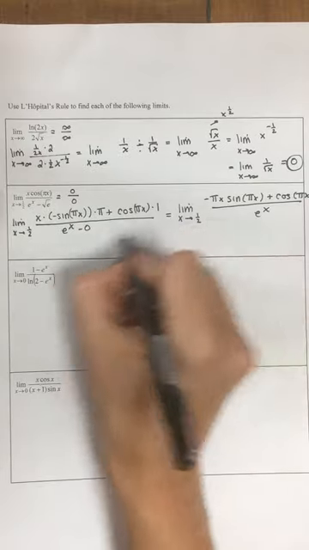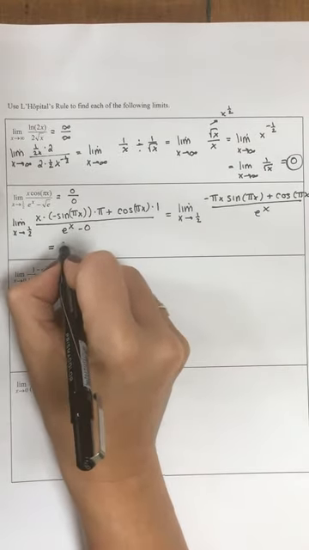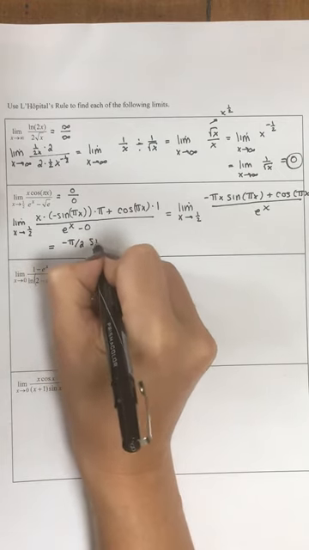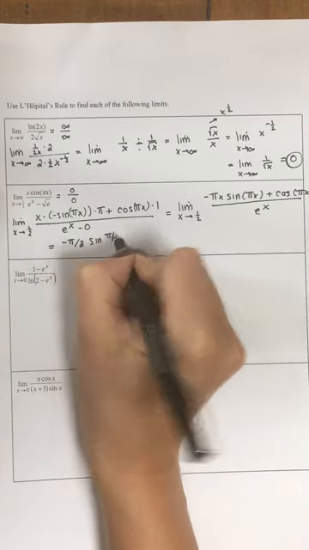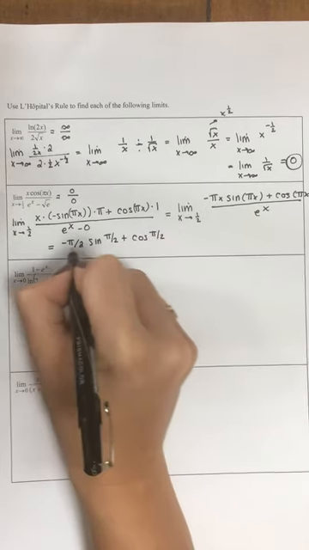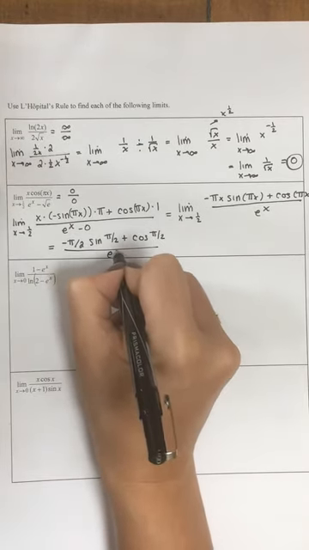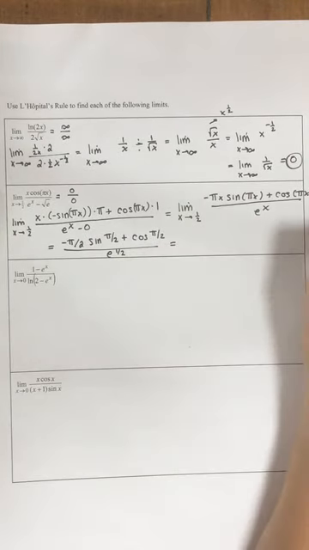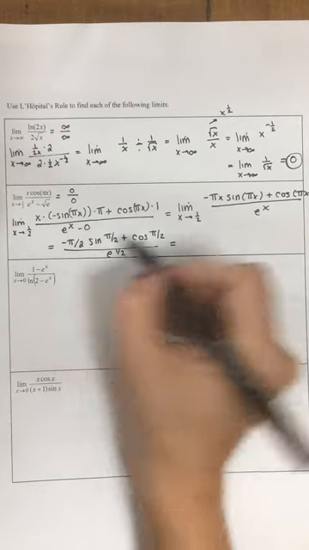And now we can plug in 1/2, direct substitution. Negative pi over 2 times the sine of pi over 2 plus cosine of pi over 2, over e to the 1/2. Sine of pi over 2 is 1, and cosine of pi over 2 is 0.